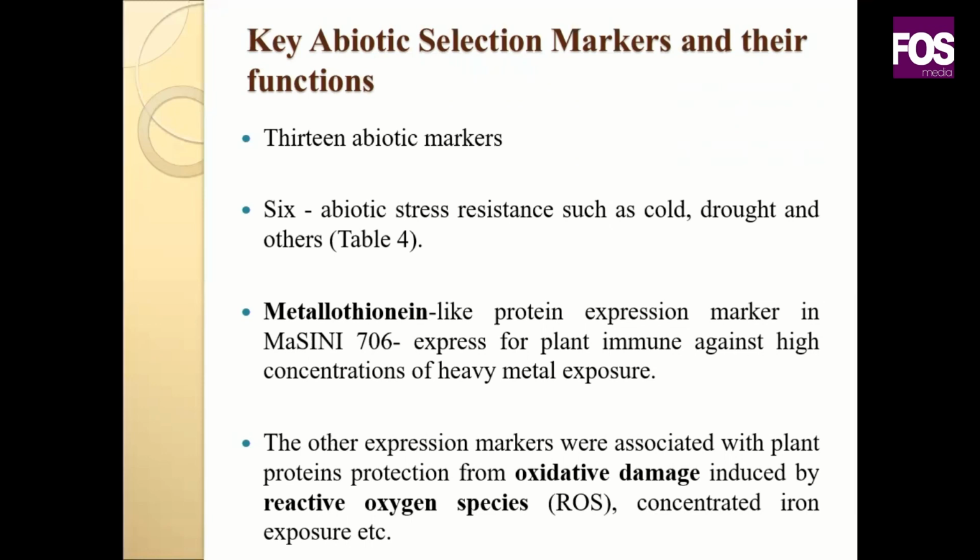The other expression markers were associated with cell protection from oxidative burst. That means they can react with reactive oxygen species and neutralize them to avoid the oxidative burst. Otherwise, cells burst and ultimately cellular collapse can result, leading to death of the plant.